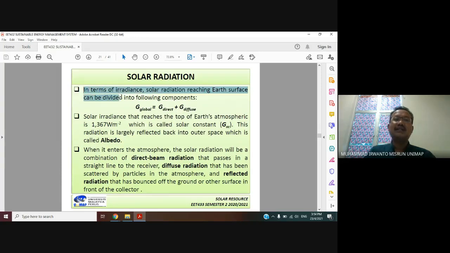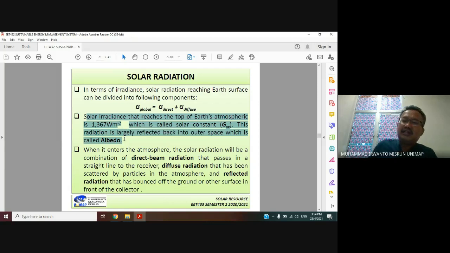In terms of irradiance, the solar radiation reaching the surface can be divided into the following components: G global equals G direct plus G diffuse. Solar radiation reaching the top of the atmosphere is 1367 watt per meter squared, which is called the solar constant.